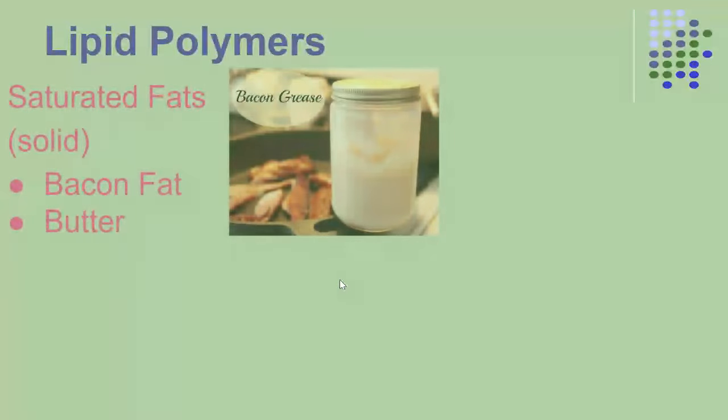Lipid polymers. Well, there's a couple different types. One of them is saturated fats. You can remember saturated because saturated starts with an S and the word solid starts with an S. Saturated fats are going to be solid at room temperature. Things like bacon grease are really good examples of saturated fats, and so is butter.